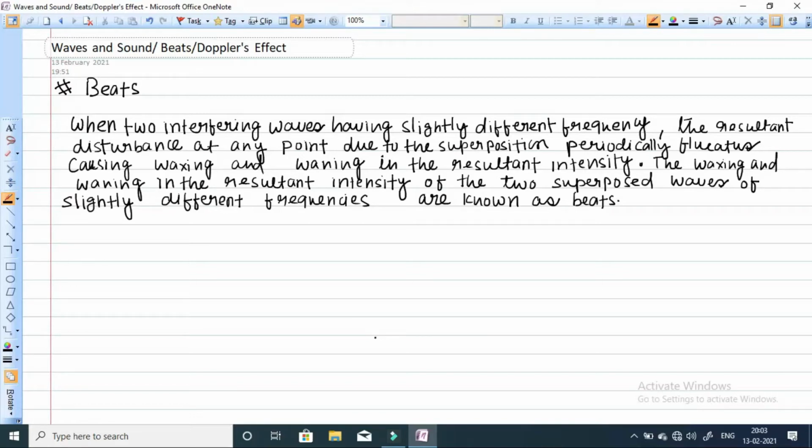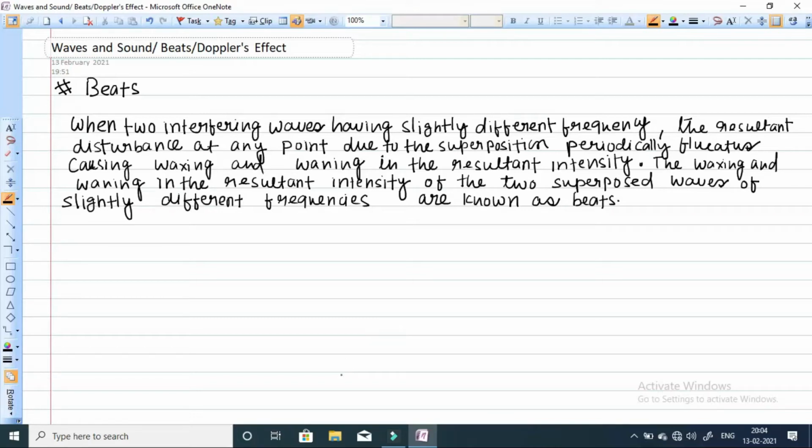When they are superimposed on each other, the resultant displacement or disturbance at any point due to this superposition will fluctuate periodically, and due to this fluctuation there will be waxing and waning in the resultant intensity. This waxing and waning produced in the resultant intensity of two superposed waves is basically known as beats.